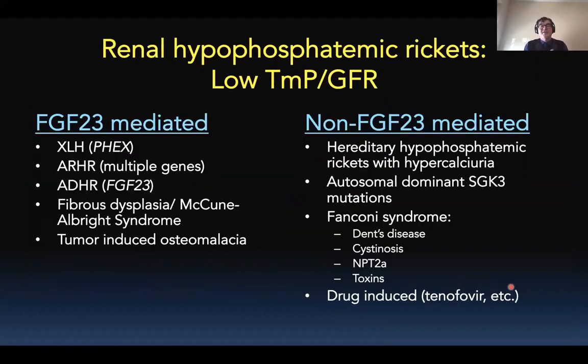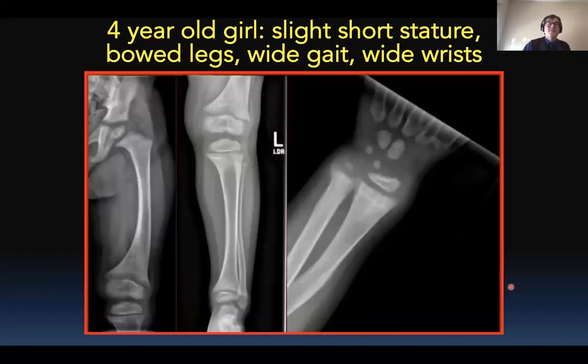And those I further break down into whether they're caused by high FGF23 or inappropriate FGF23, or whether the FGF23 is appropriately suppressed and it's more of a direct renal problem instead of a hormonal problem signaling the kidneys.